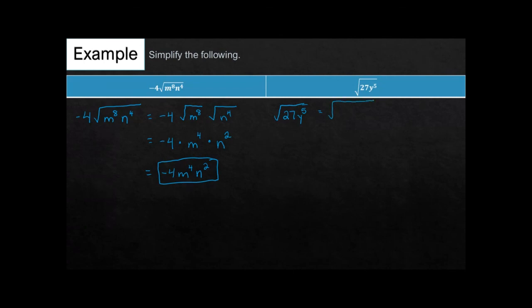And from the previous slide, 27, we can split up as 3 squared times 3. And then we have this y to the 5th. So that has an exponent of 5. We want it divisible by 2, so I'm going to make it an exponent of 4, and then I have the y left over so that there's 5 of them total.